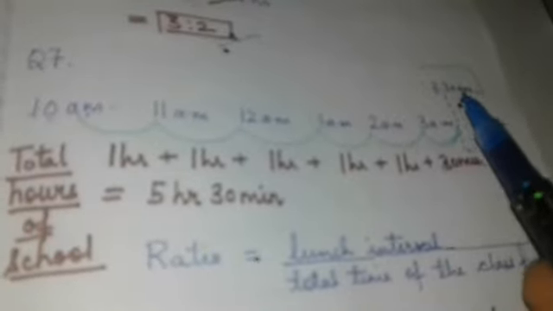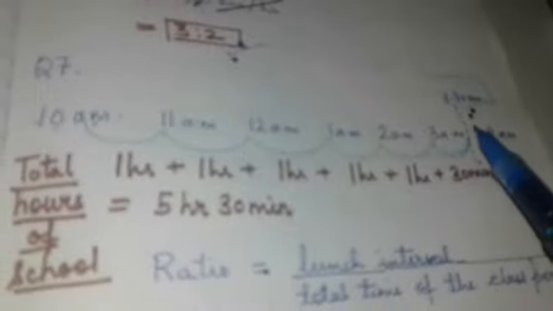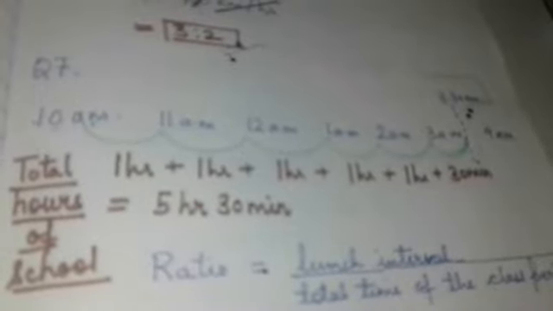Okay. So now here I have already told that 10 a.m. to 3:30 is the school timing. Out of this, half an hour will be excluded for lunch. So that is 30 minutes. 30 minutes is your lunch interval and the rest we'll see. What are the total hours of school? Total hours of school are 5 hours 30 minutes.